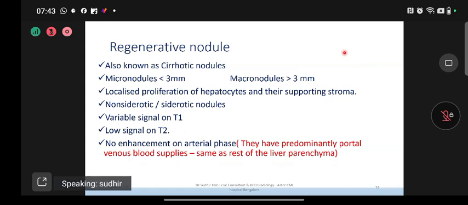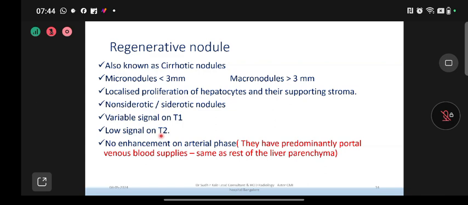So now coming to regenerative nodule, how do they appear in MRI? As I told you, T1 and T2 are our major signal weightings, what we see initially. In a T1, it can be iso-intense, hypo-intense or hyper-intense. Generally, if it is more bright in T1, then the chances of it being a benign regenerative nodule become more.